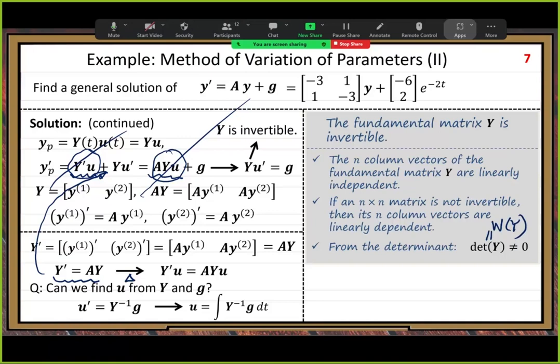Then the whole problem is solved. So you can see we can extend this method of variation of parameters from the scalar version to the vector version. Here, our solution is the vector version solution.